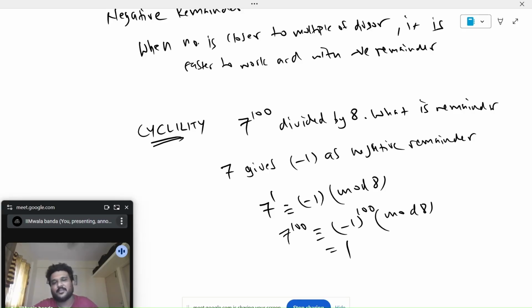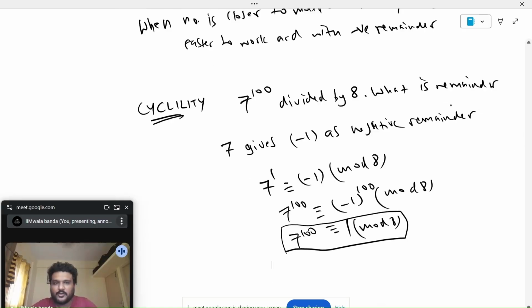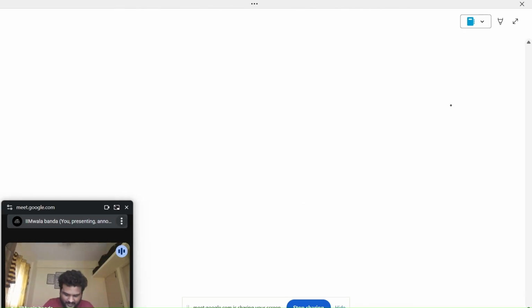So the answer is 1. 1 is the remainder when you divide 7 to the power 100 by 8. And be comfortable, this is the notation we will use every time. So you can appreciate why negative remainder is important.